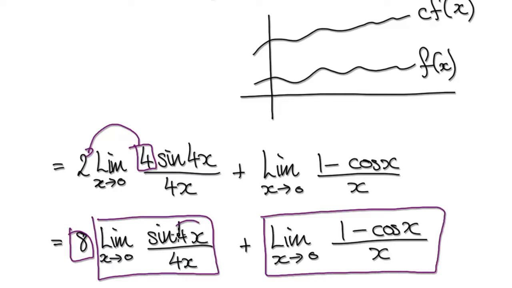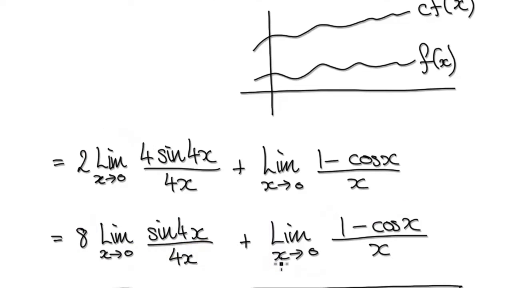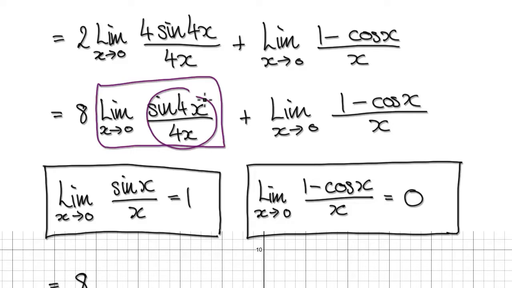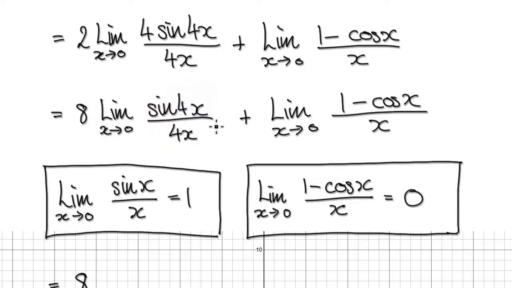And notice that these are heading towards 0, because as x heads towards 0, this bubble will head towards 0, this bubble will head towards 0, and they're on par with each other. So you can conclude that this whole thing here equals 1. Oh, by the way, looking at this, if this is a 5, then you can't conclude that the limit equals 1, because even though this is heading towards 0, even though this is heading towards 0, they're not on par with each other.